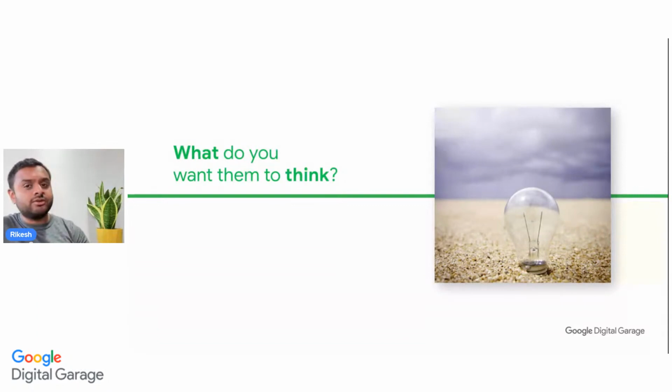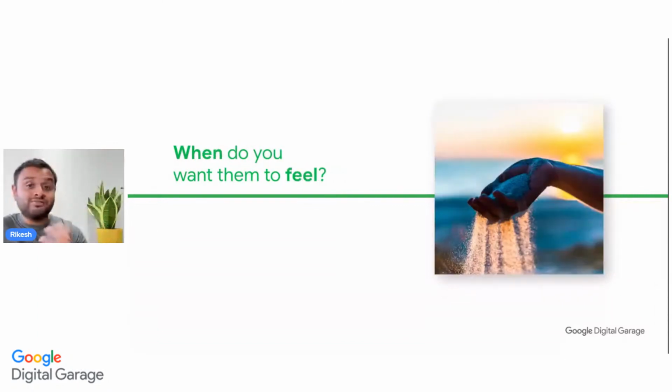And something that goes hand in hand with thinking is also feeling. Emotion is a very powerful tool, especially when it comes to presenting. So what do we want our audience to feel? When do we want them to feel it? If we're talking about a failure and success story, we maybe want people to feel low and not very good, like, I feel like I'm at my wit's end, nothing's going right for me.